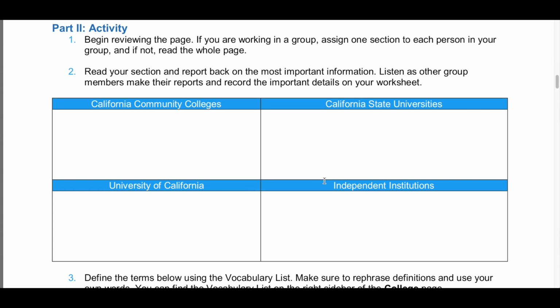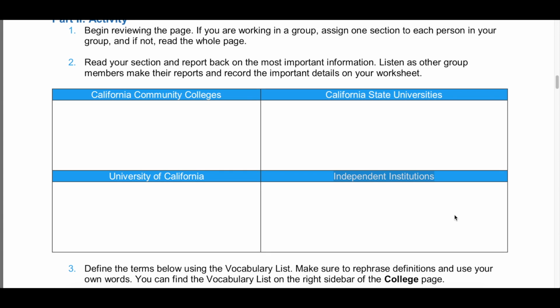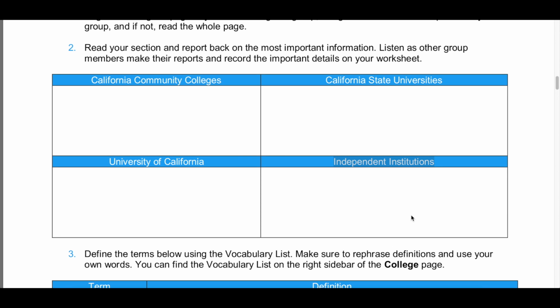And finally, another group can do independent institutions. I know it says that, but you can just put on there trade schools or vocational schools, and give them maybe 15 or 20 minutes. They'll start researching, using their website to look up these different systems.